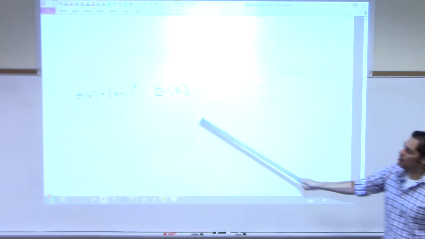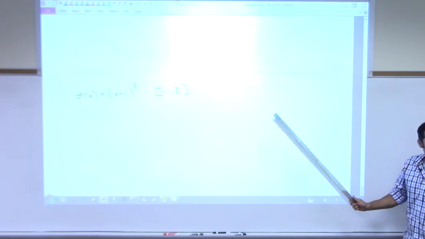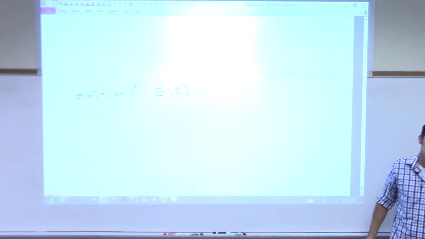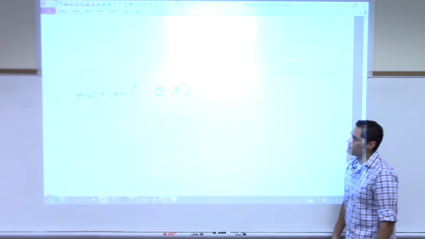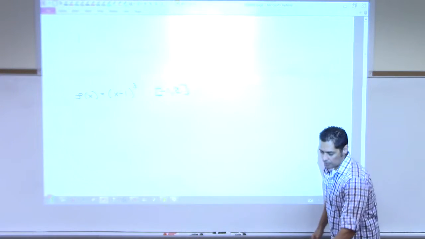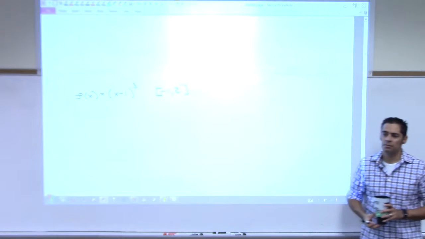Let's just focus now on doing some harder functions. So look at that one. We want to find the global maximum and global minimum of that function on that closed interval. So is it a continuous function on a closed interval? Yes. How do you know that's continuous? What type of function is that? (x minus 1) cubed.